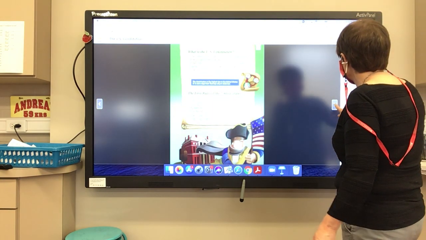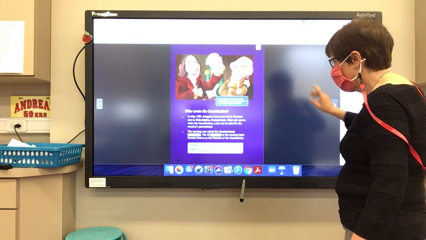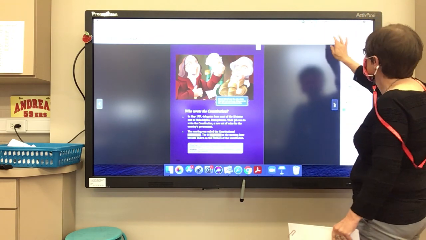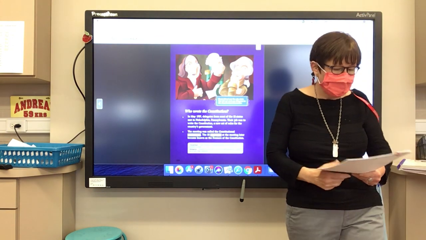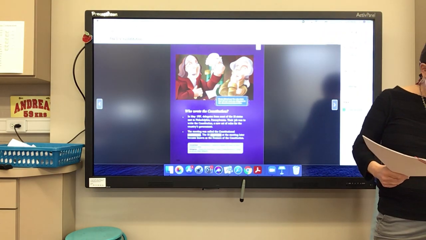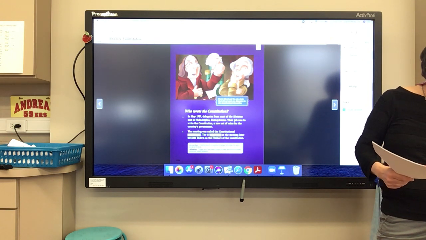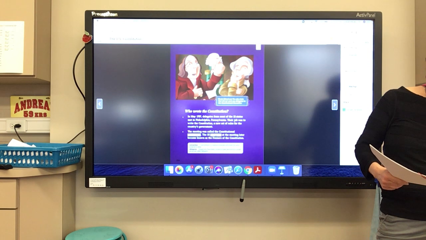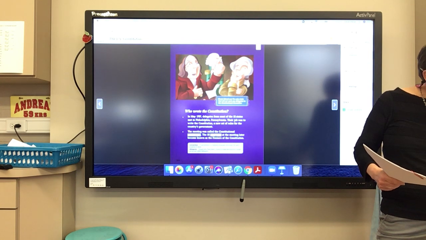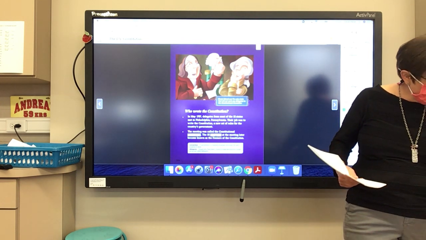Okay, so now we're going to go to the next page, on page 234. Who wrote the Constitution? In May 1787, delegates from most of the 13 states met in Philadelphia, Pennsylvania. Their job was to write the Constitution, a new set of rules for the country's government. The meeting was called the Constitutional Convention.